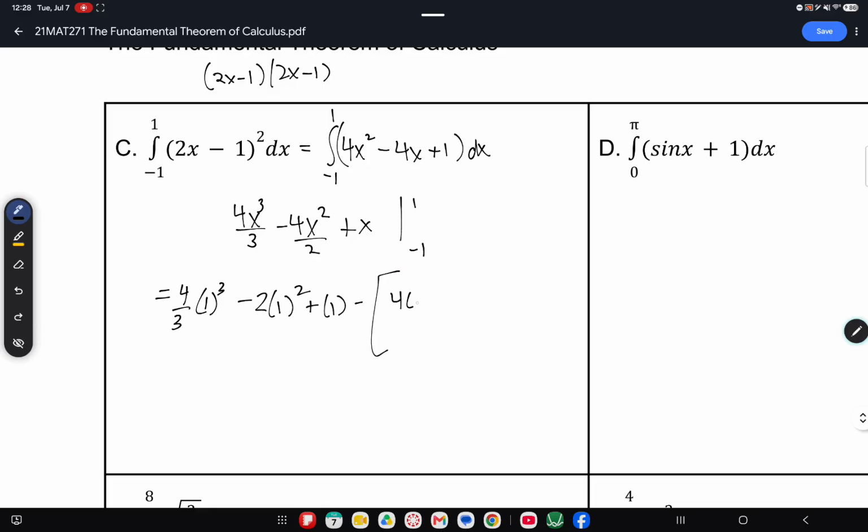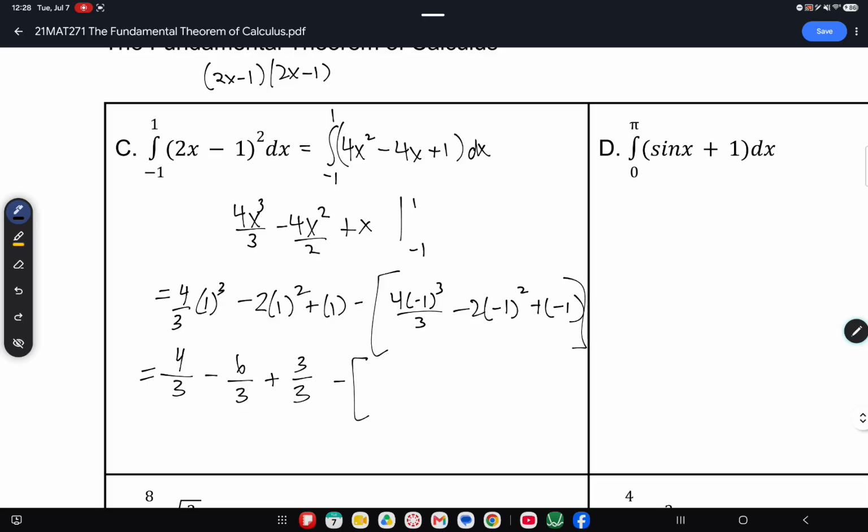Minus, if I substitute in negative 1, oh, that's 2. All right, let's see what we get here. We get 4 thirds. Oh my gosh. Minus 2, so that's going to be 6 thirds, and then plus 1, so that'll be 3 thirds.